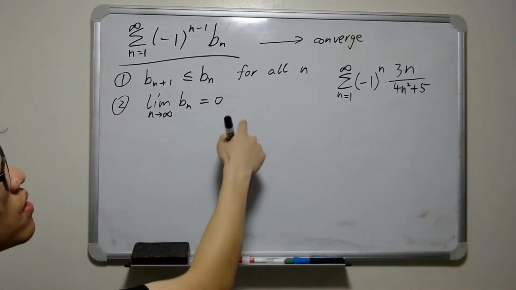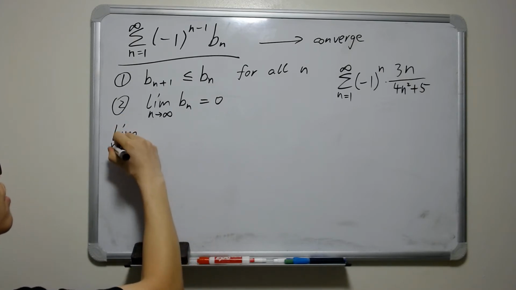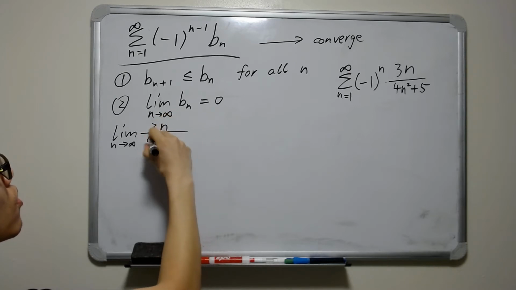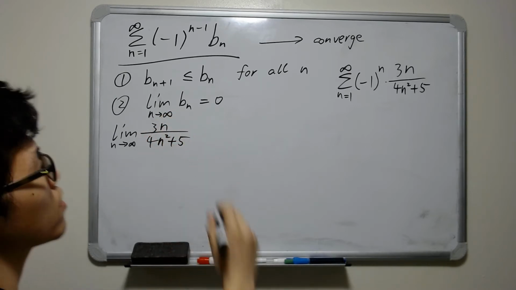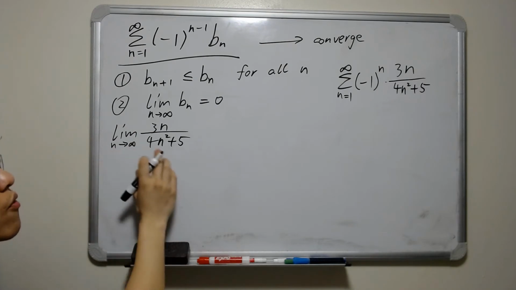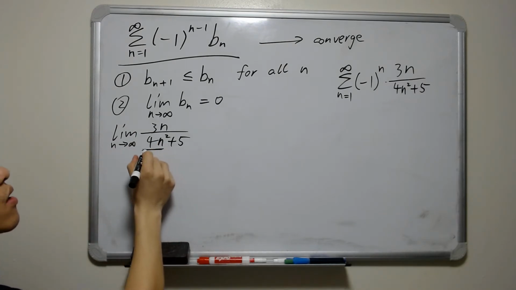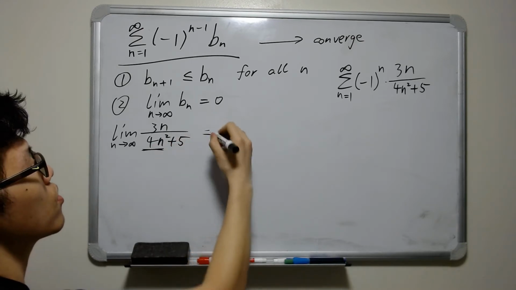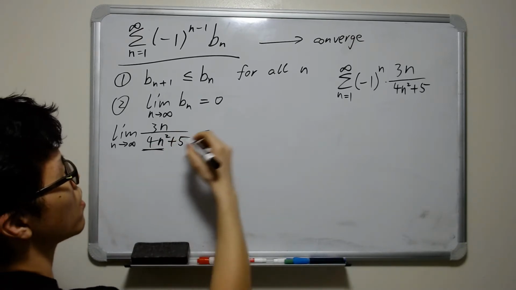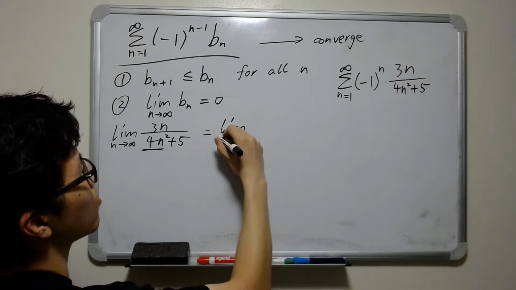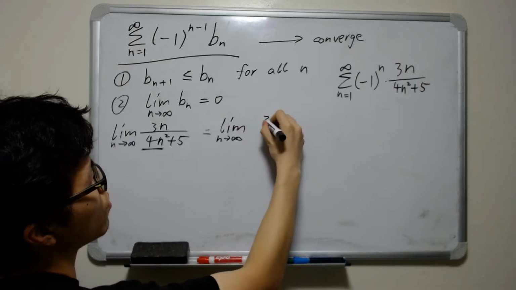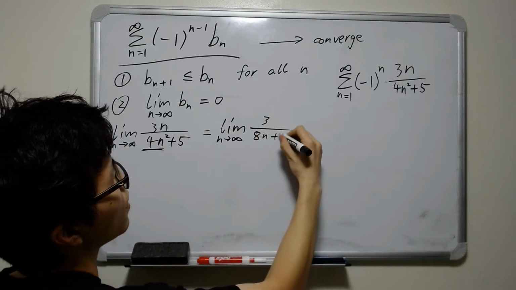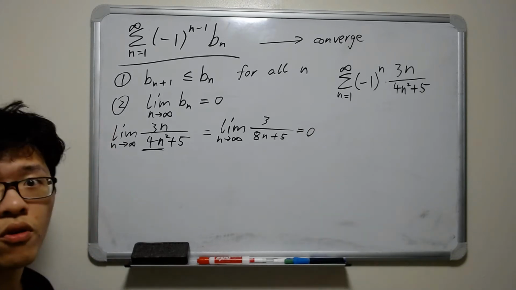I think the second condition is the easier one because I can take the limit of 3n over 4n squared plus 5. When n goes to infinity, 4n squared is dominant in the denominator. You can apply L'Hopital's rule and get 3 over 8n, so the limit goes to 0.